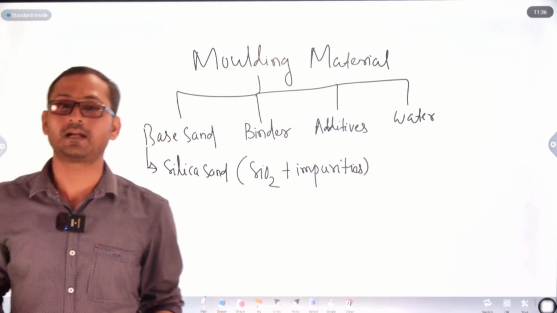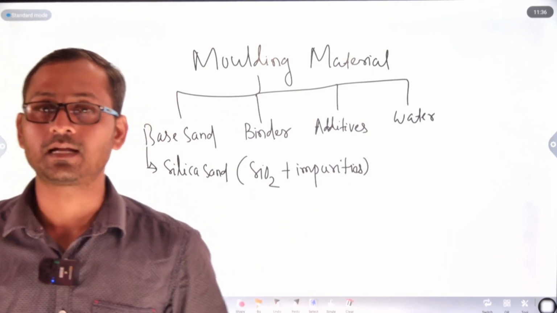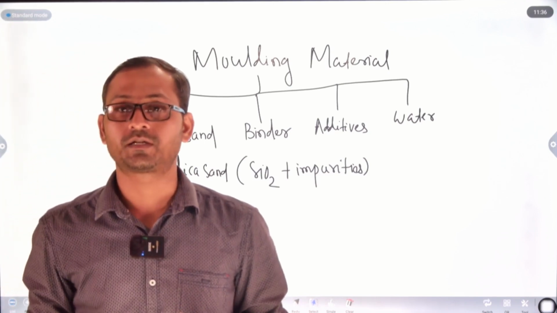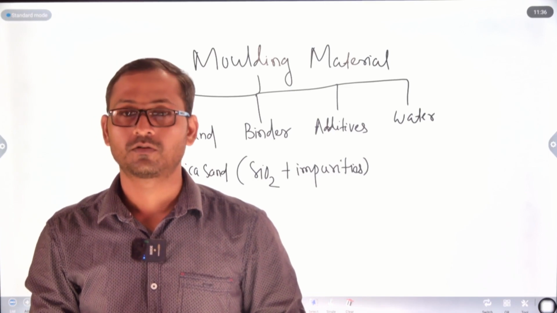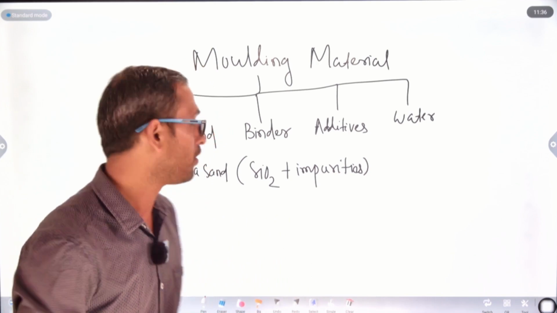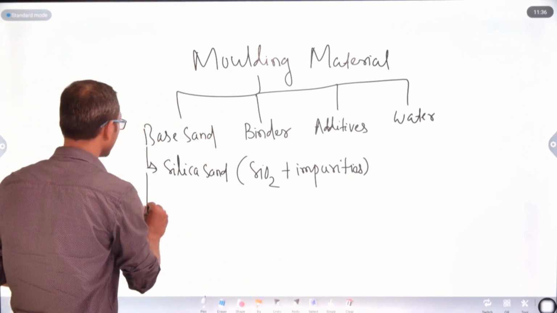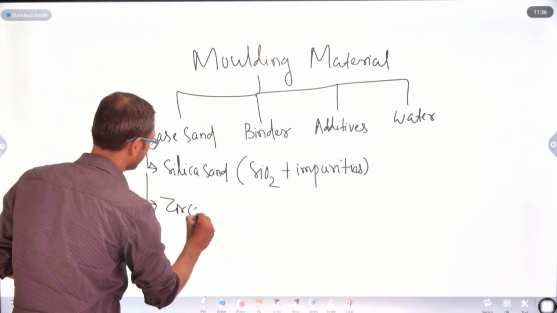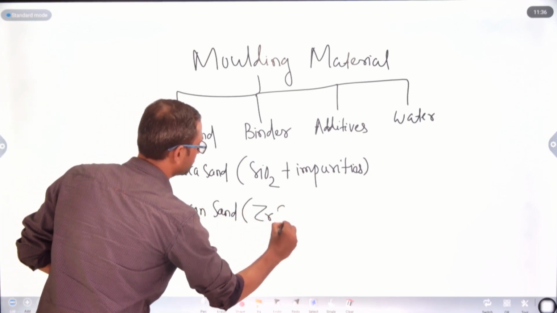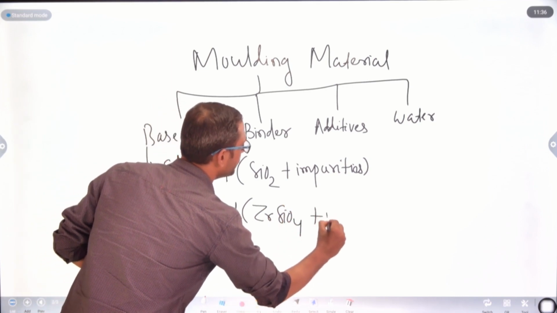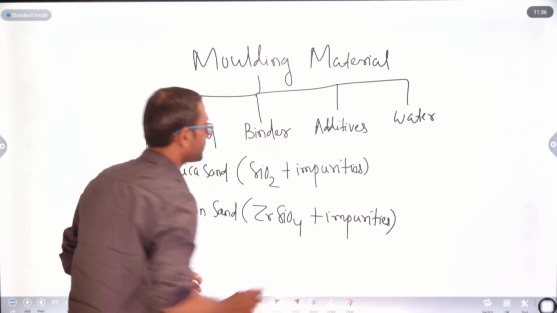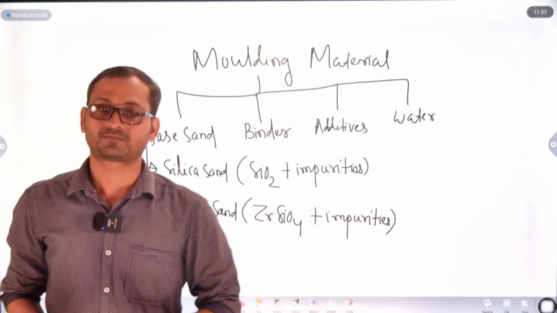When you collect the silica sand, it has some impurities, but we have to minimize them because they affect the refractoriness. Not only silica sand, we also use zircon sand. It also has some impurities. So this is all about base sand.